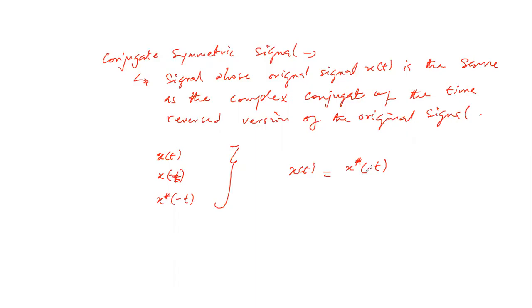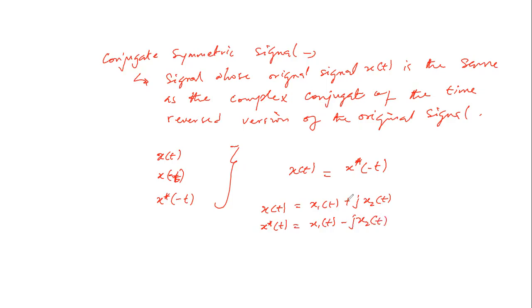But at this point, we need to establish the fact that given a signal S of t, say S1 of t plus jS2 of t, the complex conjugate of the signal S star of t is the same as S1 of t minus jS2 of t.